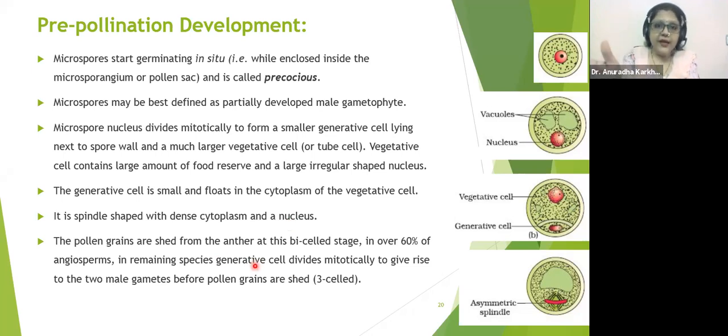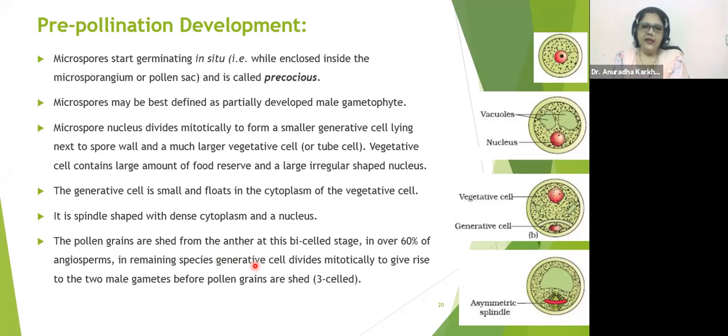So pollen grains formed by meiosis. Pollen grain के अंदर अब दो मेल gametes बनाने के लिए mitosis. ठीक है? So this is the first mitotic division giving rise to two cells, one large, one small. Large called as the vegetative cell or the tube cell, small called as the generative cell. ठीक है?